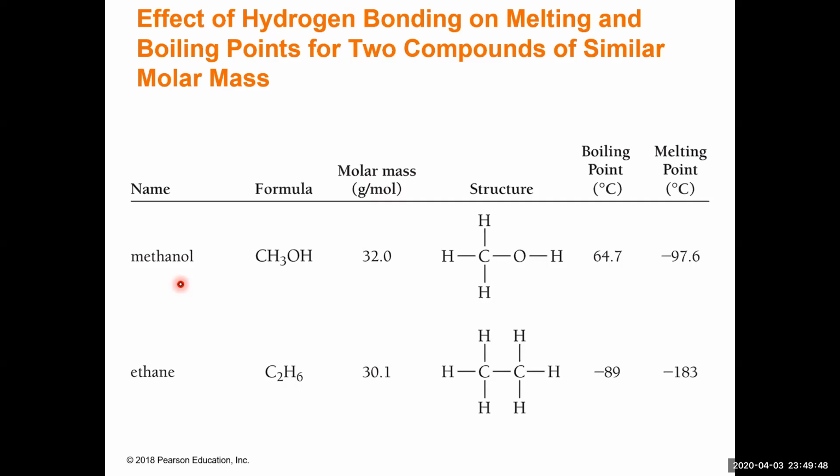Because of that, methanol has a significantly higher boiling point than ethane, and it also has a significantly higher melting point than ethane.